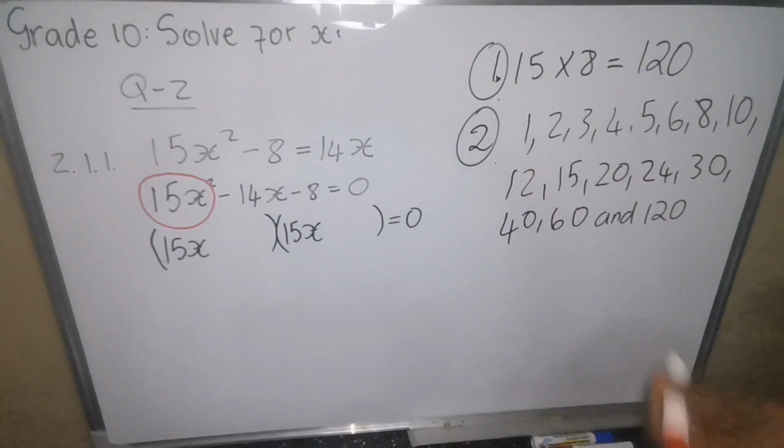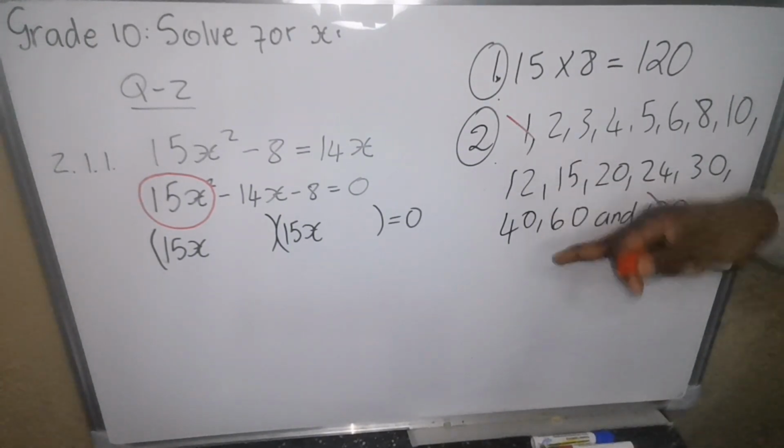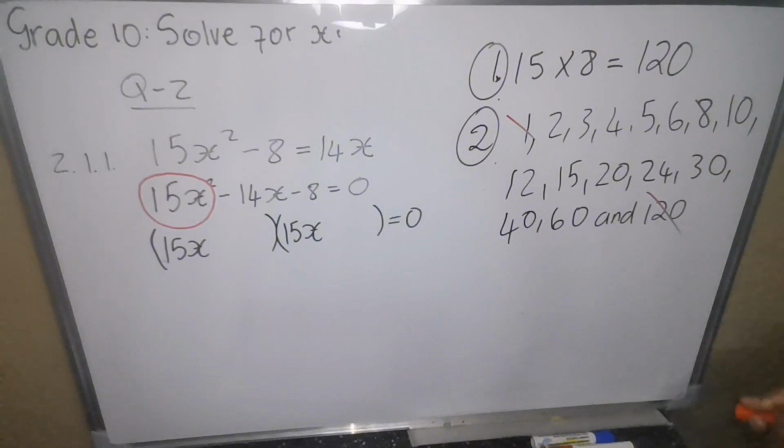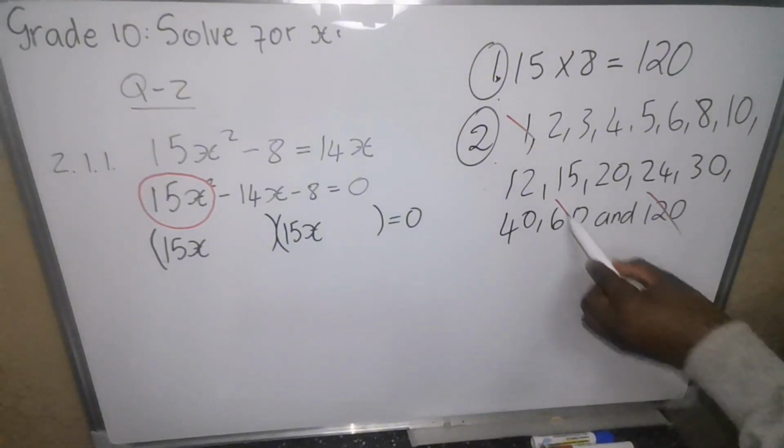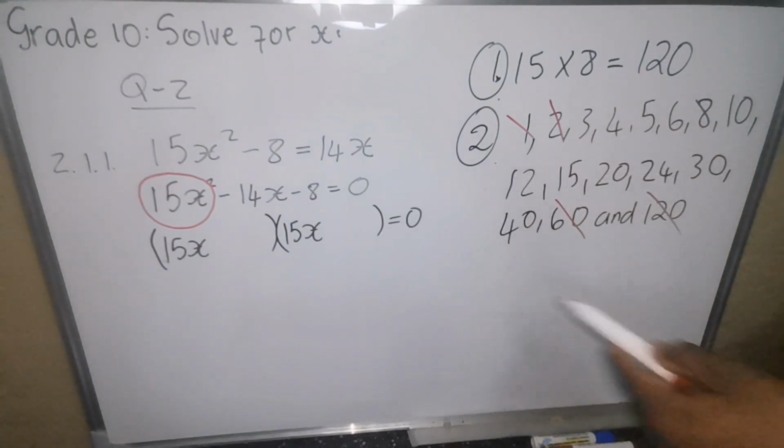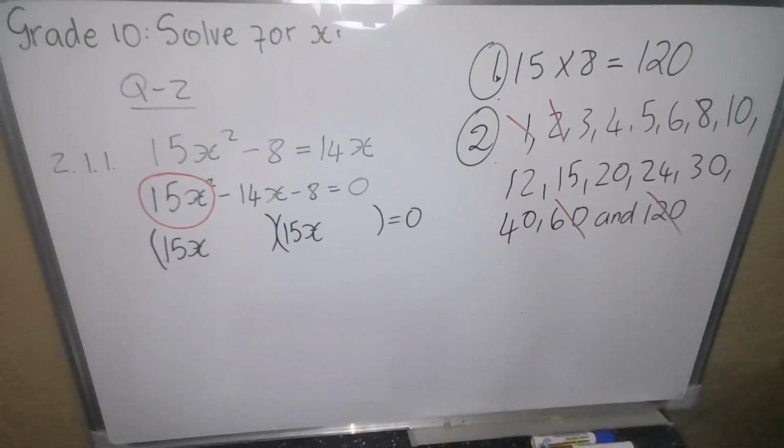Like 120 and 1: 120 times 1 is 120, but 120 plus 1 is not 14. We want that 14. Okay, that's our aim. You come with 60 and 2: 60 plus 2 is not 14, so you leave it, but 60 times 2 is 120.